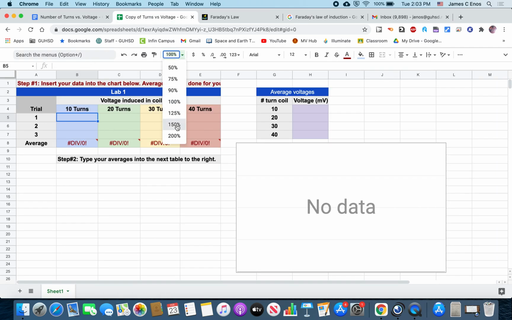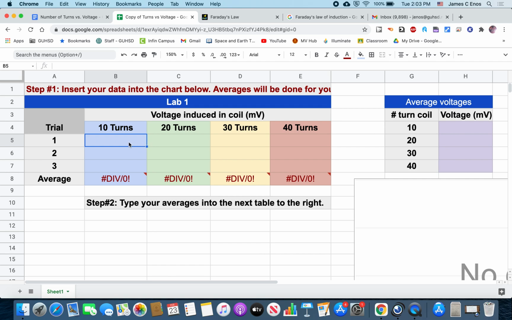When you make a copy of your sheet, I can put in here, let's say my voltage was 1, 2, and then 1. That's not the real numbers, but it's numbers that I'm going to put in. Then this one was 2, 3, 2, and this one was 3, 4, 3, and let's say this one was 5, 4, 6.